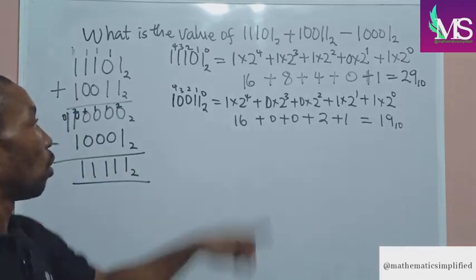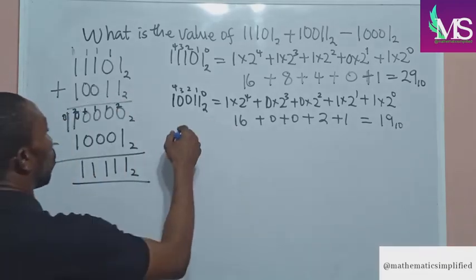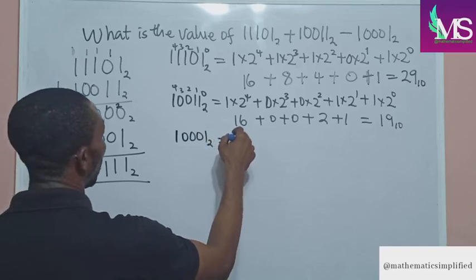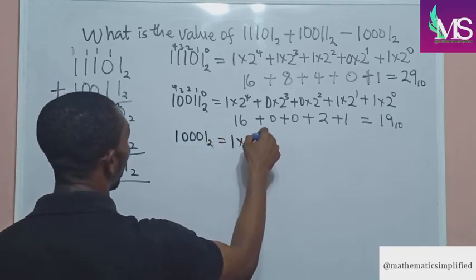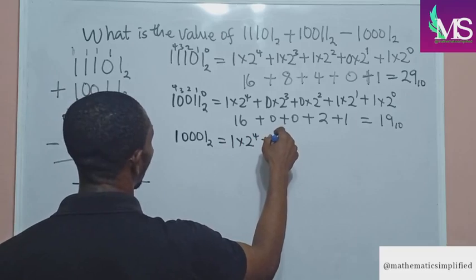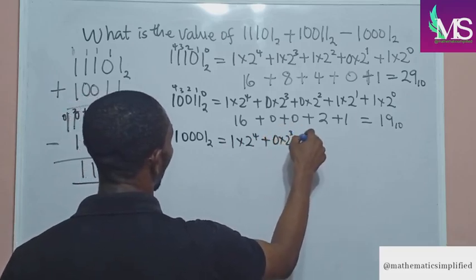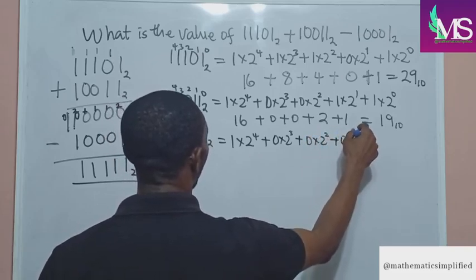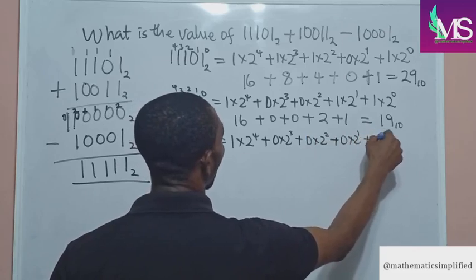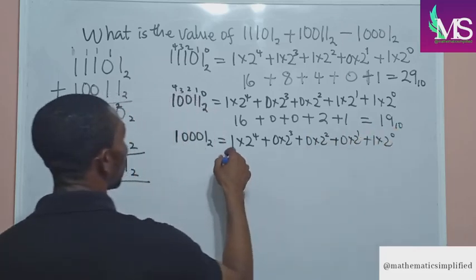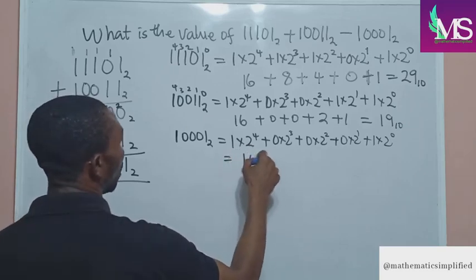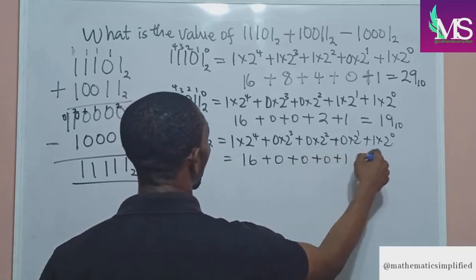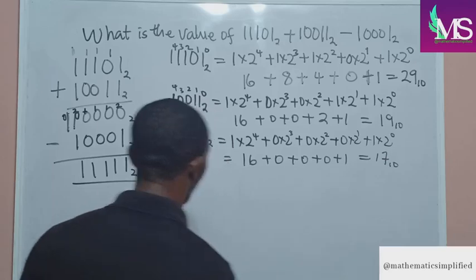And the third one we are going to look at is 10001 base 2. This leaves us with 16 plus 0 plus 0 plus 0 plus 1, which gives us 17 base 10.